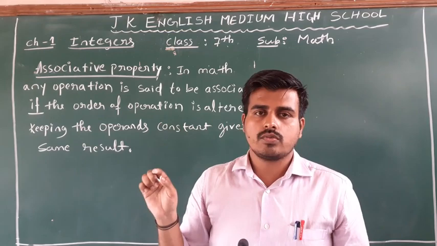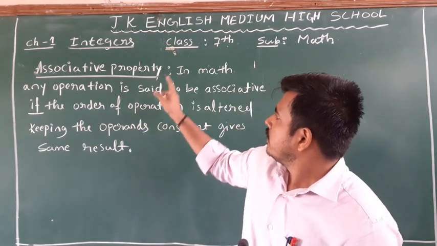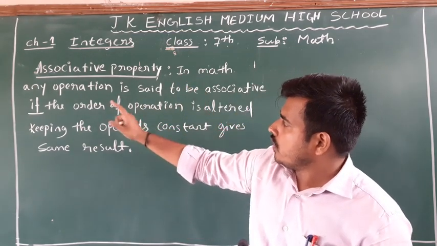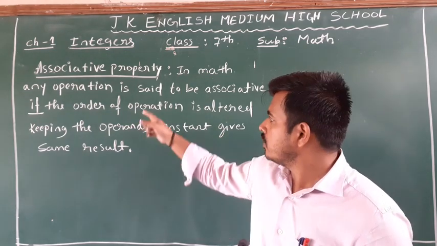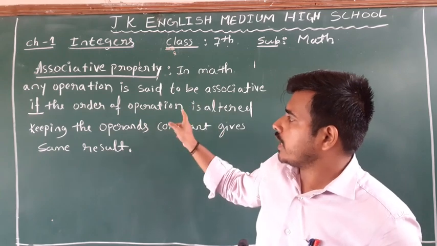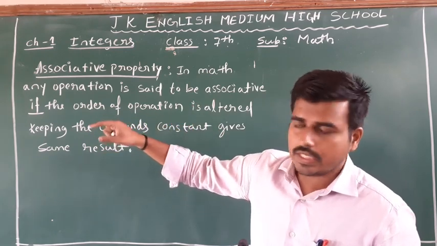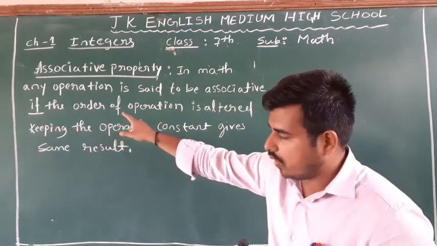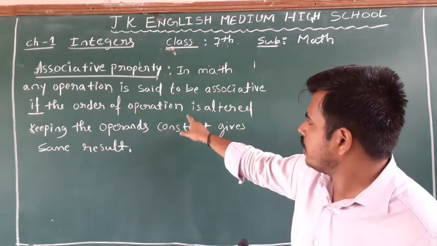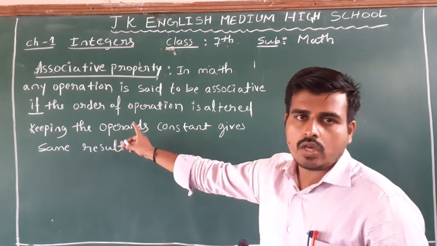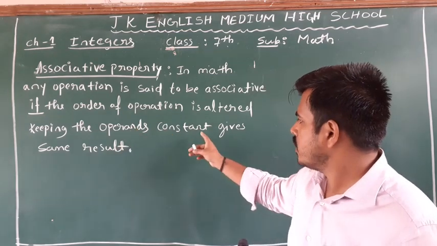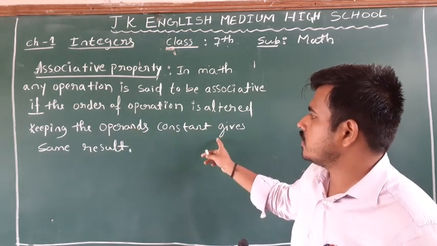So what this associative property says, in maths, any operation, means out of 4 operations, any operation is said to be associative if the order of operation is altered, keeping the operands, you know the meaning of operands, constant, gives the same result.